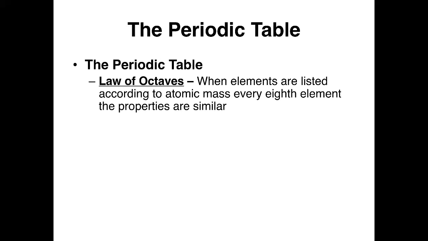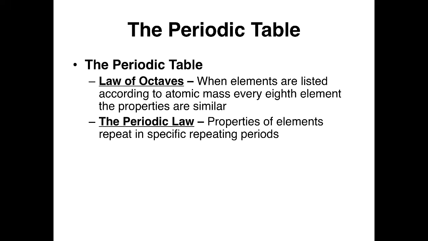Similarly, when they arranged elements according to their atomic mass, they said that every 8th element had properties similar to the one that was 8 steps down from it. As it turned out, that didn't work out, and they had to arrange the elements in terms of atomic number.